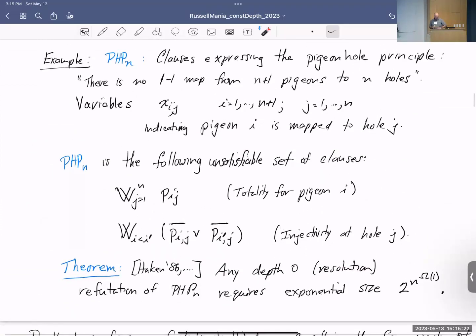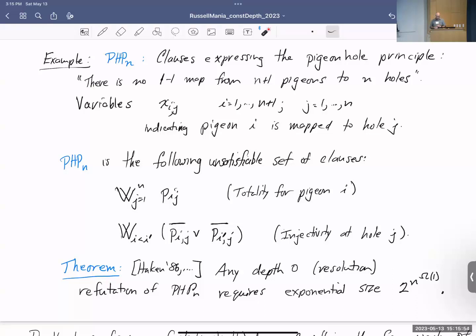Okay. So for example, I think most people know this, but let me say it in case you don't. The pigeonhole principle clauses express the pigeonhole principle, that there's no one-to-one map from n plus 1 pigeons into n holes. So we have variables x_ij, which are intended to mean that pigeon i flies to hole j. We let i range from 1 to n plus 1 with n plus 1 pigeons, and j range from 1 to n with n holes.